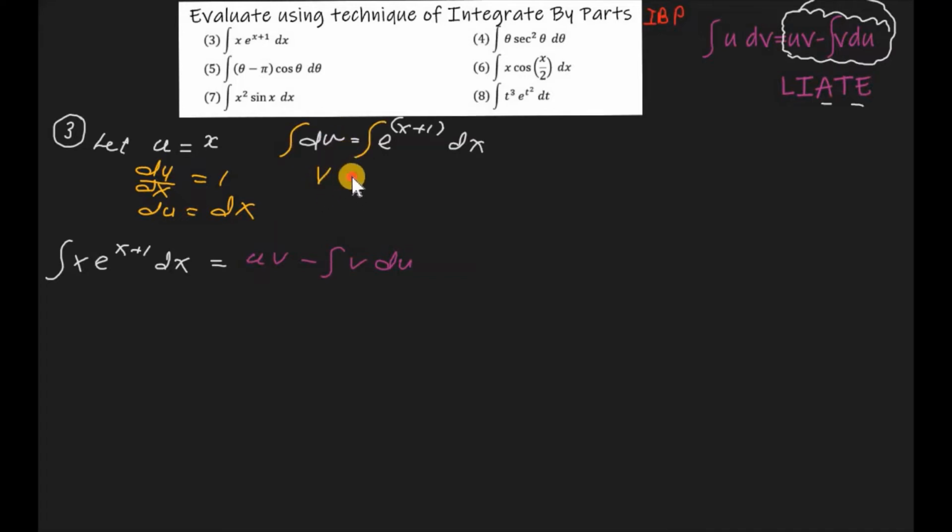Okay, 1 dv is v, and integrating e power x plus 1, we need to use the simple U substitution. Okay, for example, I have already used u, so I'm going to use y. So let y be this x plus 1, such that dy dx is 1, dy is dx.